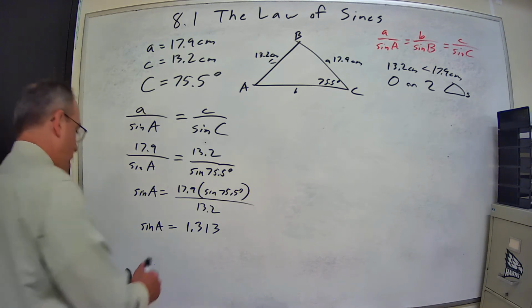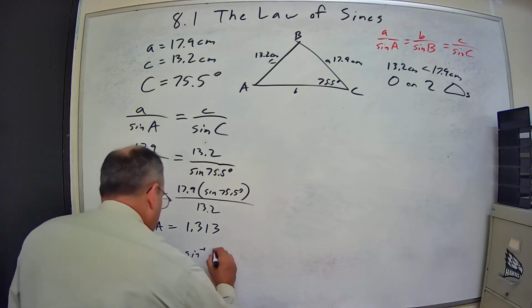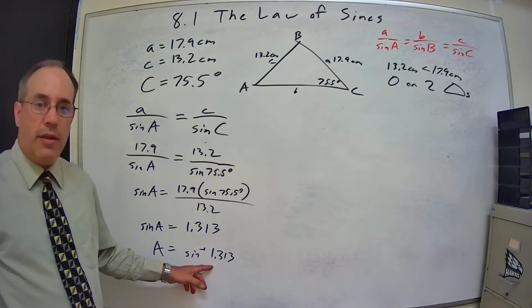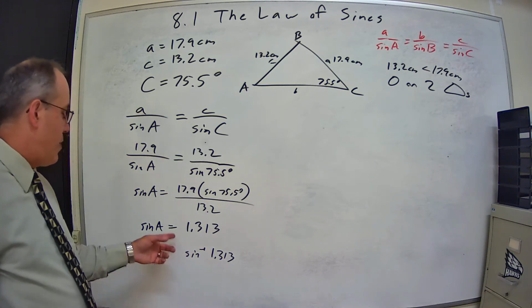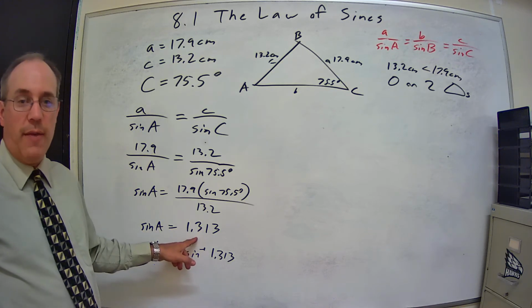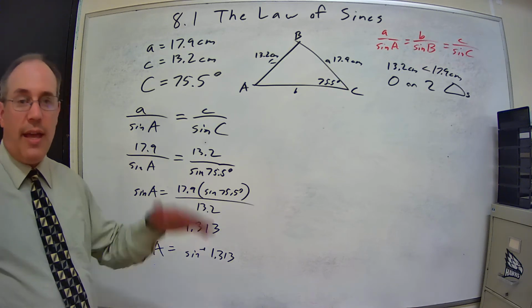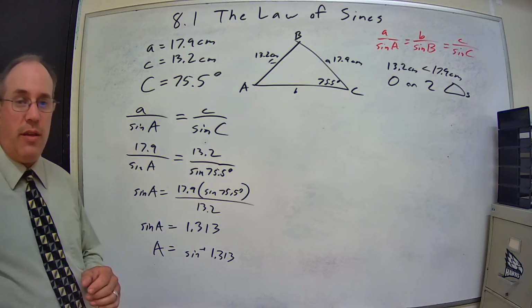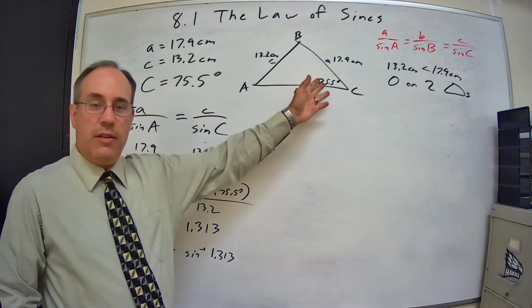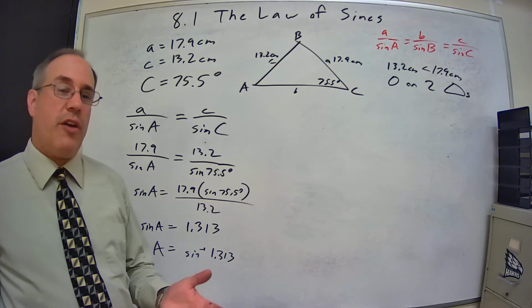Now I can plug this into the calculator to find A. I can say A is equal to the inverse sine of 1.313. And what's going to happen? I'm going to get an error because the sine of A cannot be 1.313, because the sine of A must be between -1 and +1. In fact, we're dealing with a triangle, which means each angle must be less than 180 degrees.